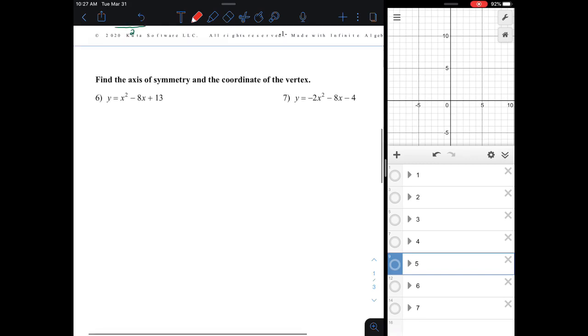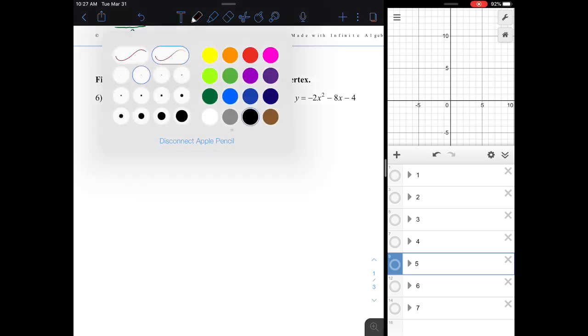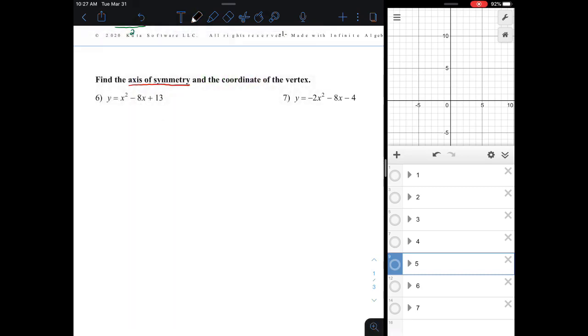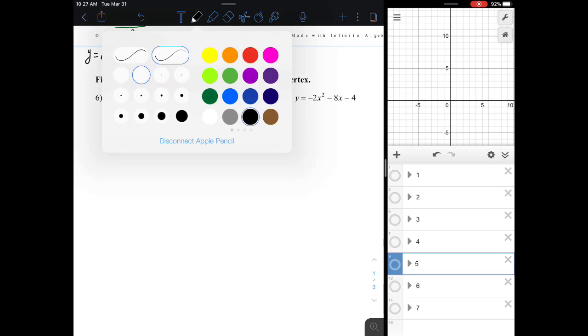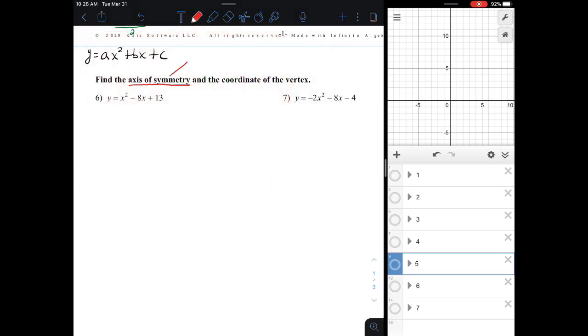Well, the axis of symmetry. What it comes down to is we have our equation of a quadratic written in standard form, so y equals ax squared plus bx plus c. The axis of symmetry is a line that splits this parabola right down the center, and we'll look at that here in a second.